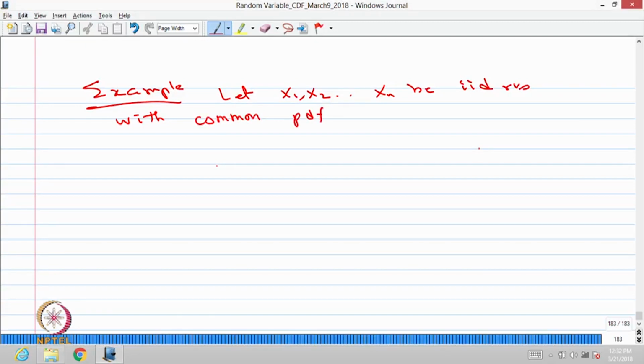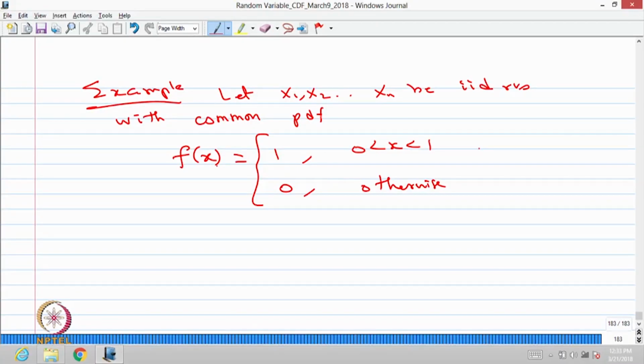That means all the random variables are of the continuous type. The common probability density function is 1 when x lies between 0 to 1, otherwise it is 0. All are IID random variables as well as continuous type random variables with the common probability density function f of x as this.